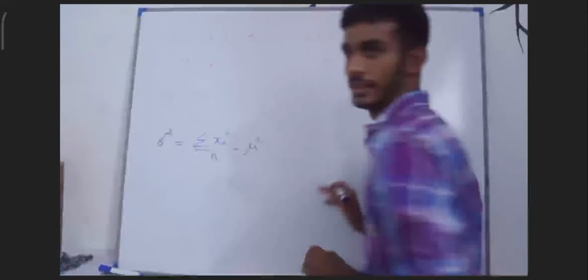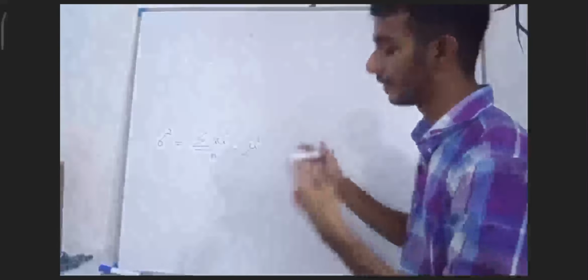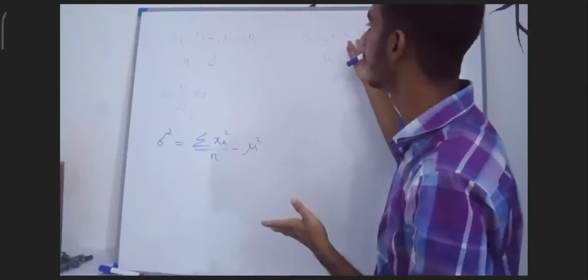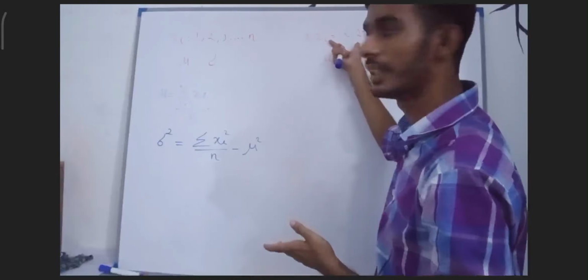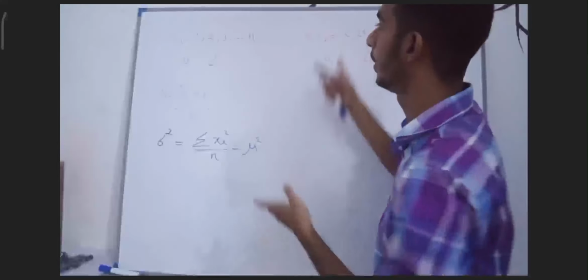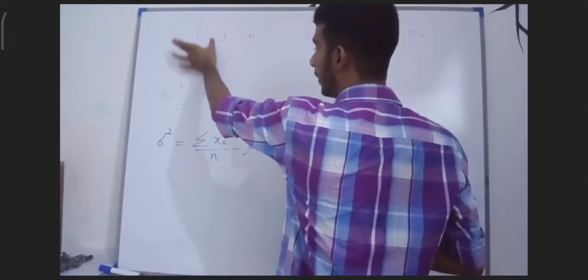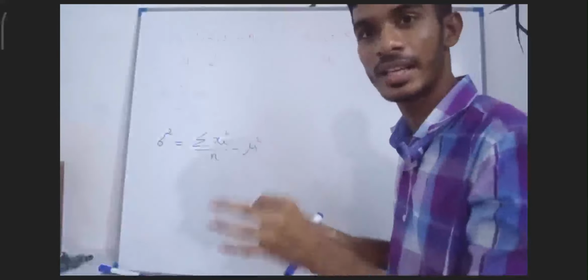Right. Now I am going to apply these equations to the second data set, which is obtained by multiplying the first data set by alpha. Each and every observation is multiplied by alpha, which is a constant.